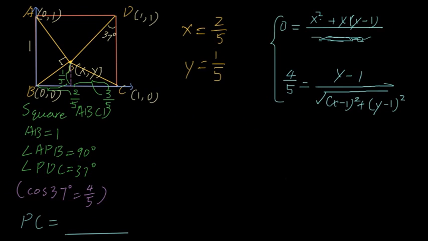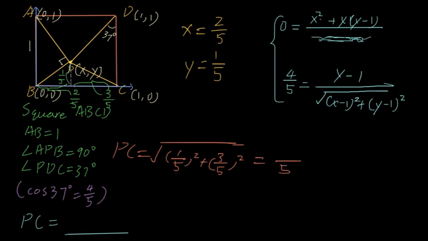Okay, so the length of PC is pretty simple. PC is equal to the square root of (1/5) squared plus (3/5) squared. So that is equal to square root 10 over 5. I don't think you can simplify it further. So that is the first question.